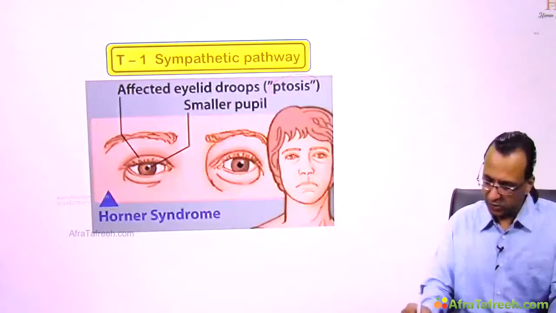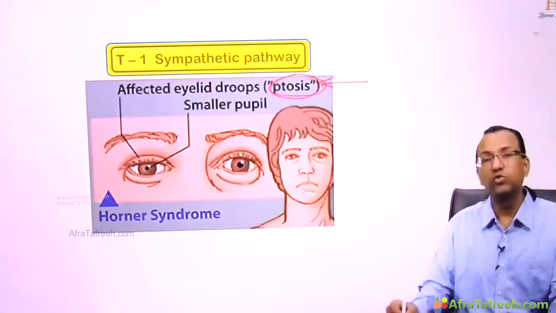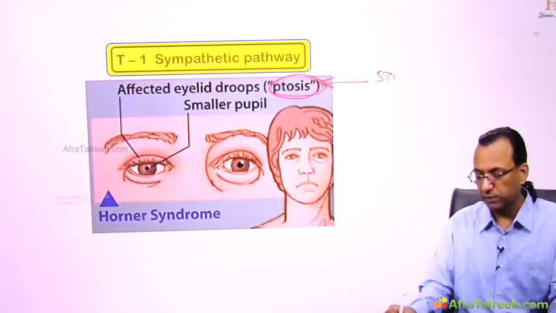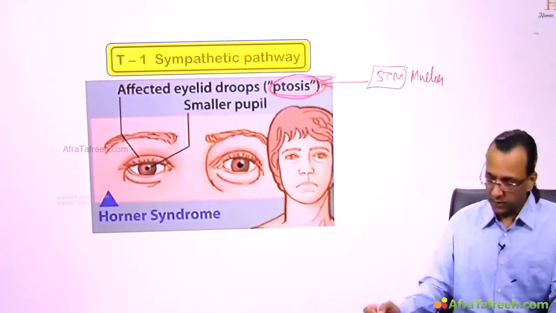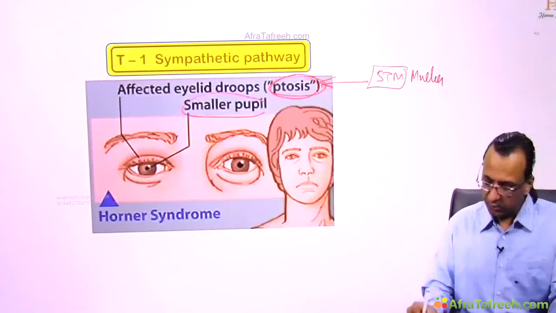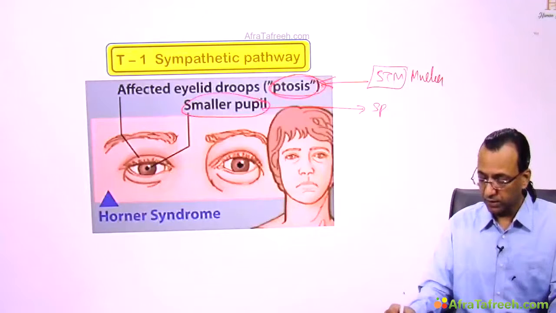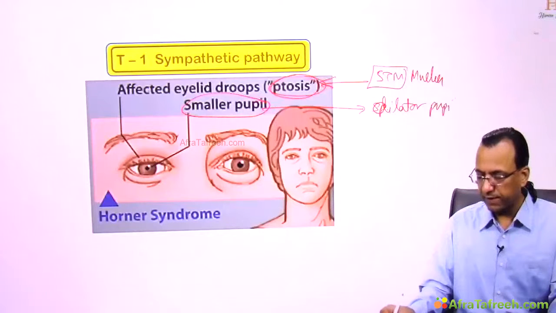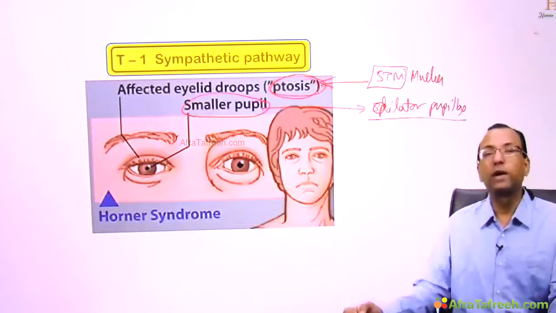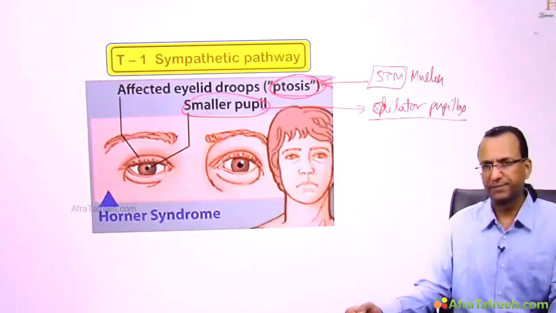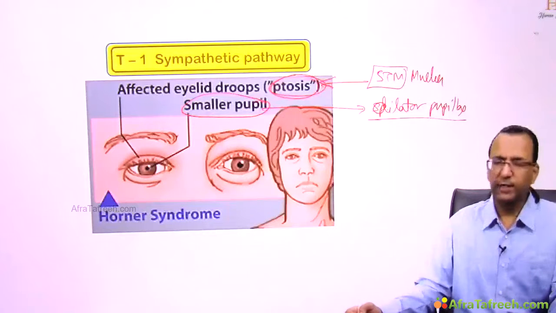One is the ptosis due to paralysis of a smooth muscle, which is the superior tarsal muscle, part of Müller's muscle. And what is the other thing? The other thing is this smaller pupil, which is called miosis, due to paralysis of the dilator pupillae. So when the dilator pupillae is paralyzed, the sphincter pupillae becomes more powerful, leading to miosis. That is Horner syndrome in Klumpke's palsy.